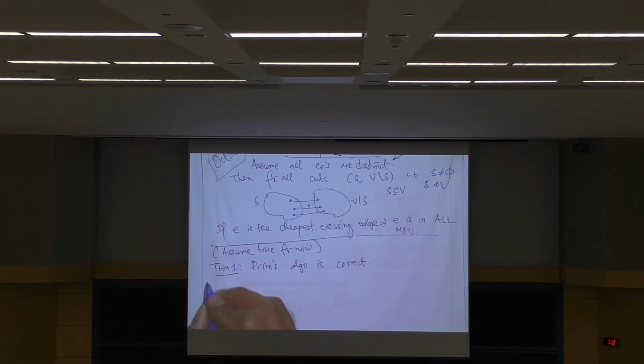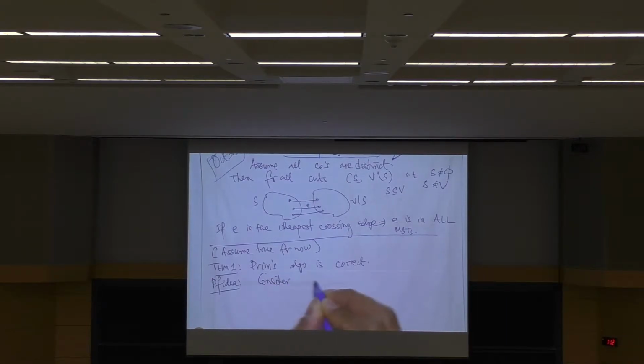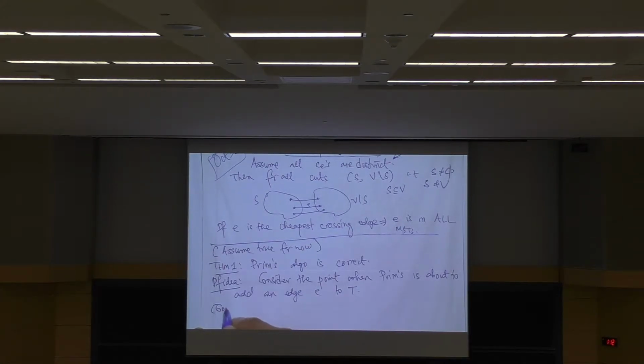So consider the point when Prim's is about to add an edge e to T. Our goal will be to argue e is the cheapest crossing edge for some cut S and V minus S.